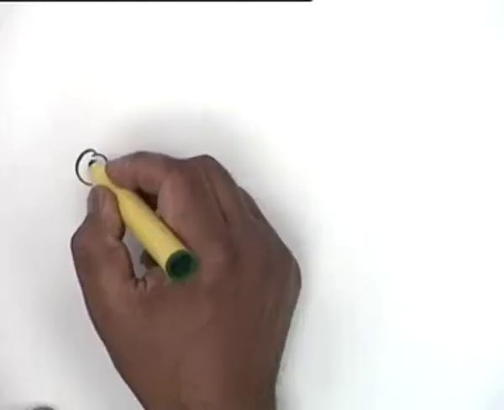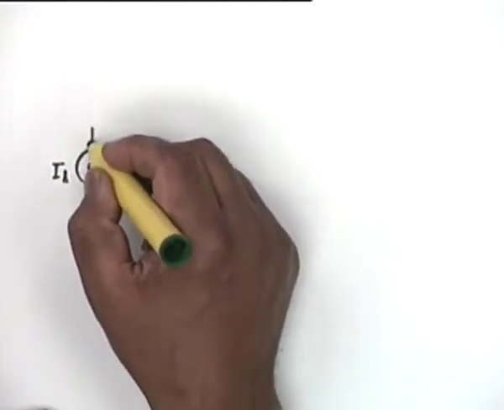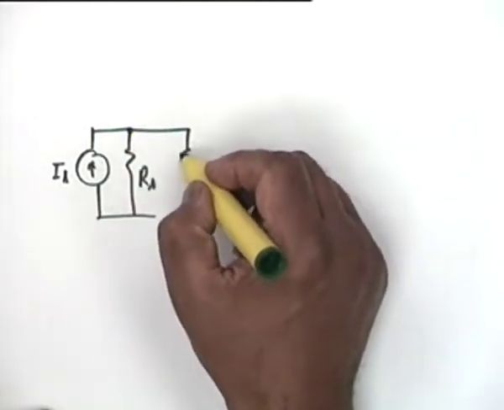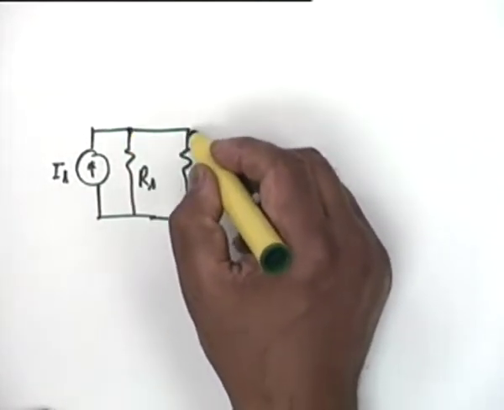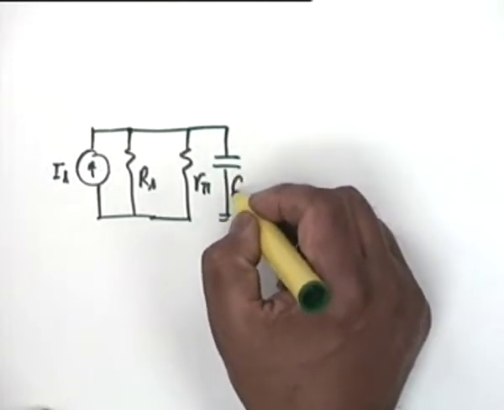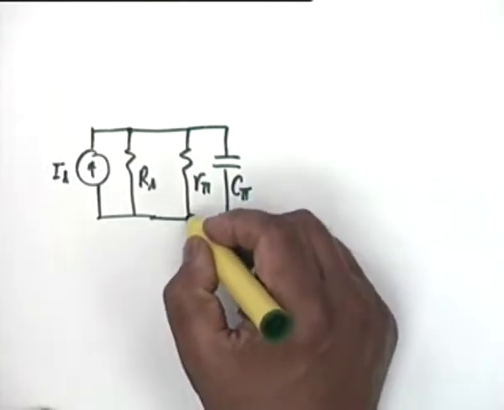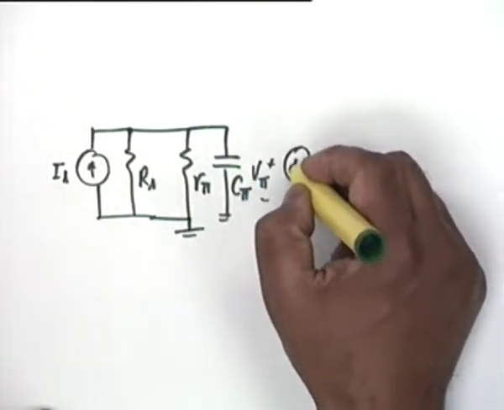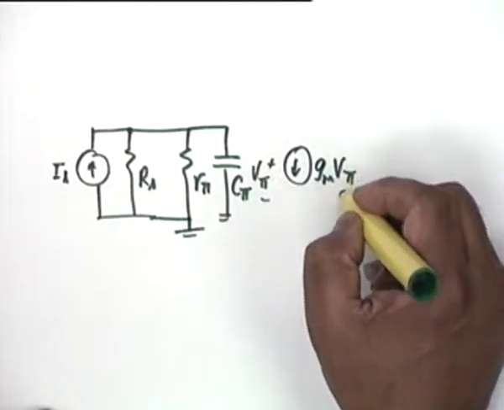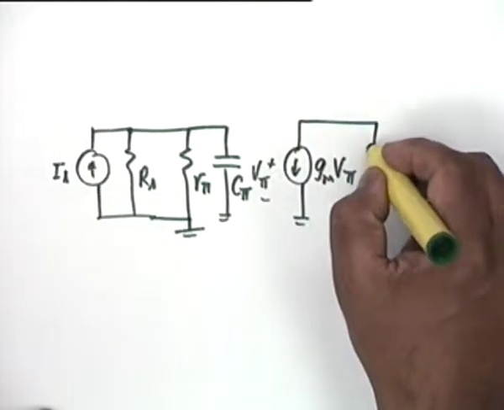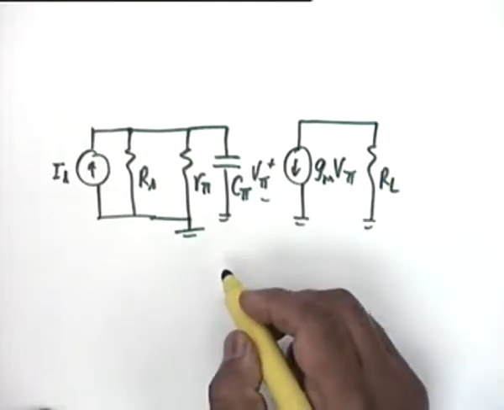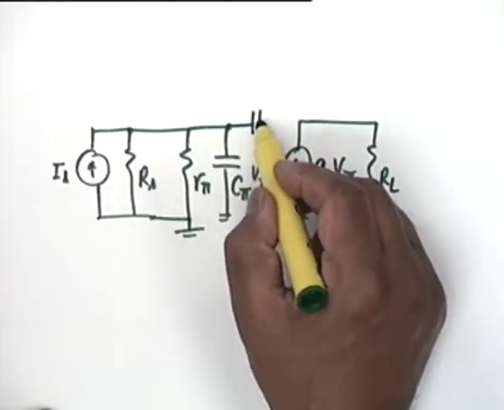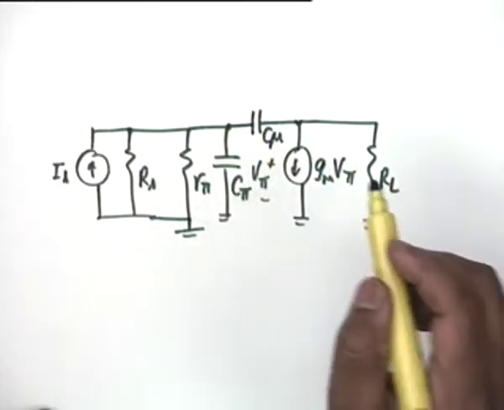My equivalent circuit becomes IS, RS, then R pi, C pi, this voltage is V pi, you have GM V pi, goes to RL, and in addition you have the capacitance to bother about, C mu.